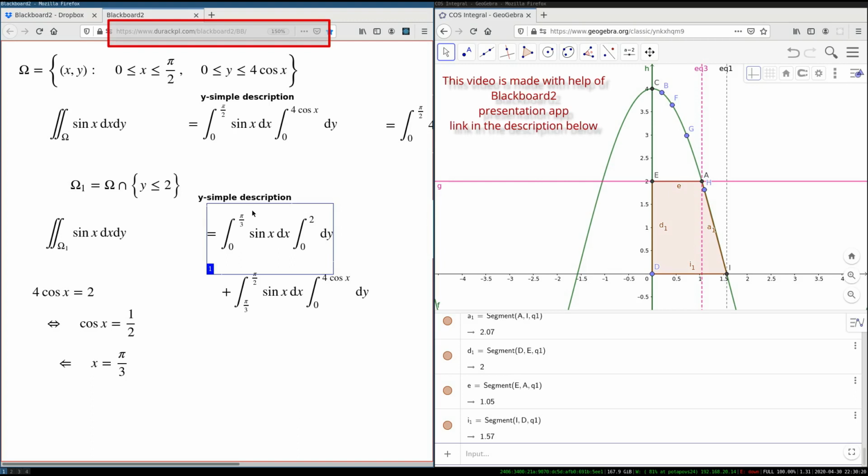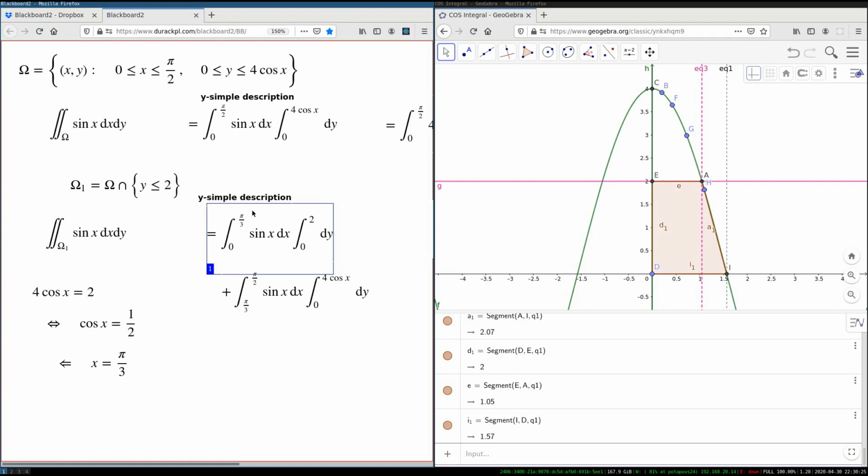Now the objective of this video is to show you that if you know the inverse trig functions, you can shorten this computation by a factor of 2. And I will show you how to do that.